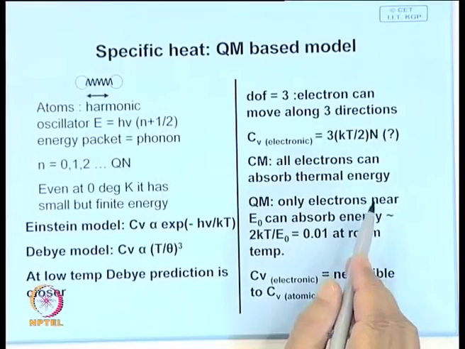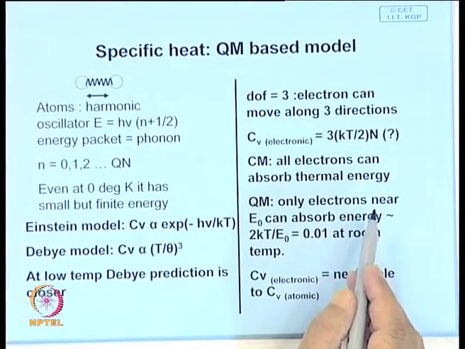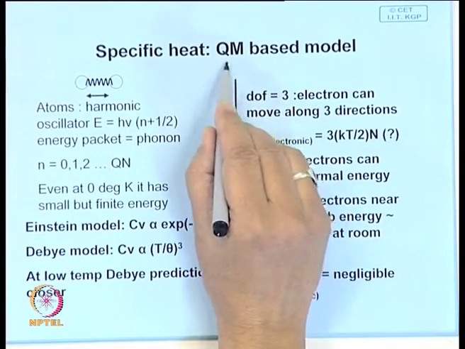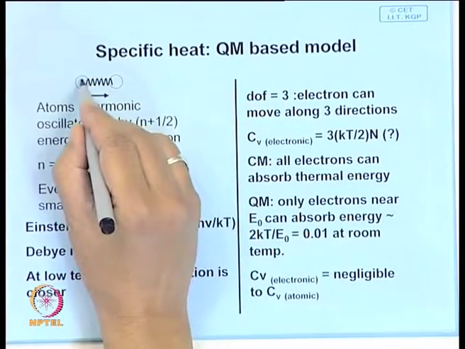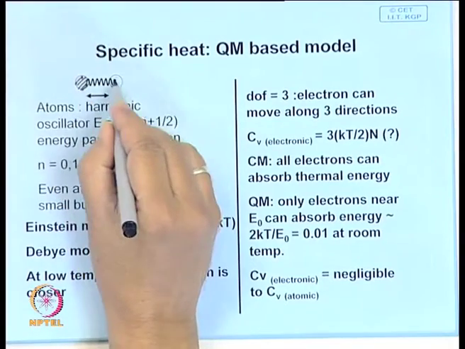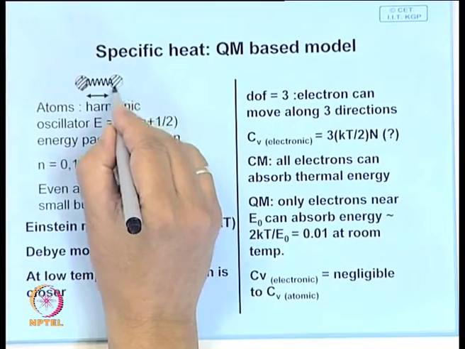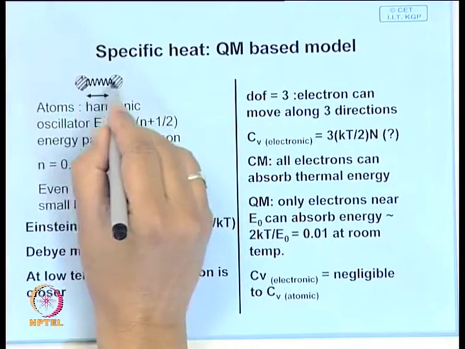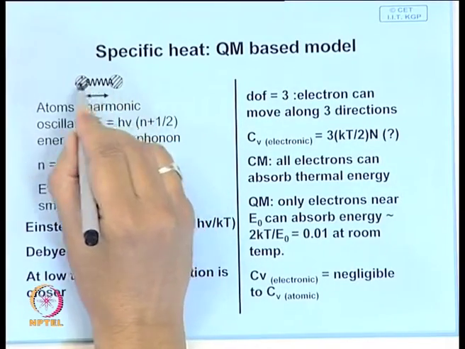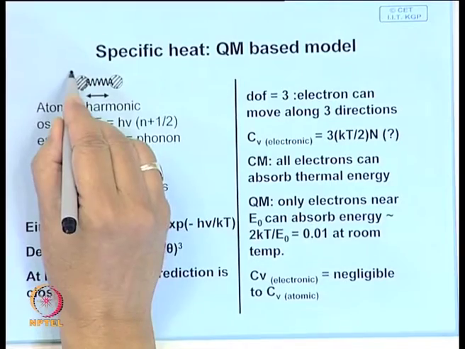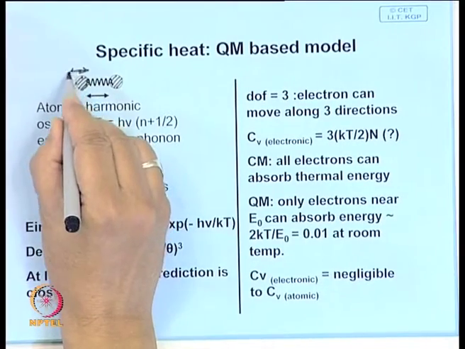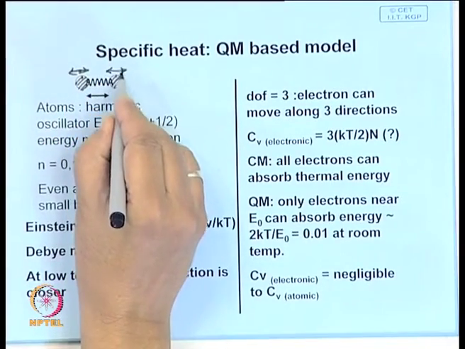Now, to calculate specific heat using a quantum mechanics based model, one thinks of atoms which are arranged in a periodic fashion in a crystal, as if they are connected by springs, and these atoms keep on oscillating about their mean position of rest.